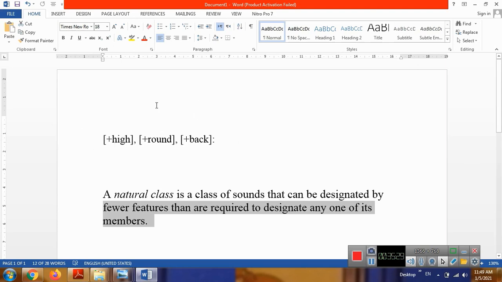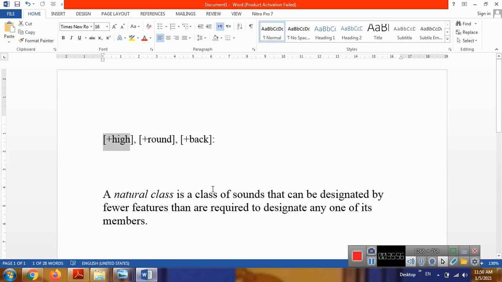Here for Turkish, for defining the natural class for Turkish vowels, we should refer to just 2 features, not 3 features, because by designating 3 features, we have just one member of the vowels. But when we describe the vowel according to just 2 features, we have the natural class.